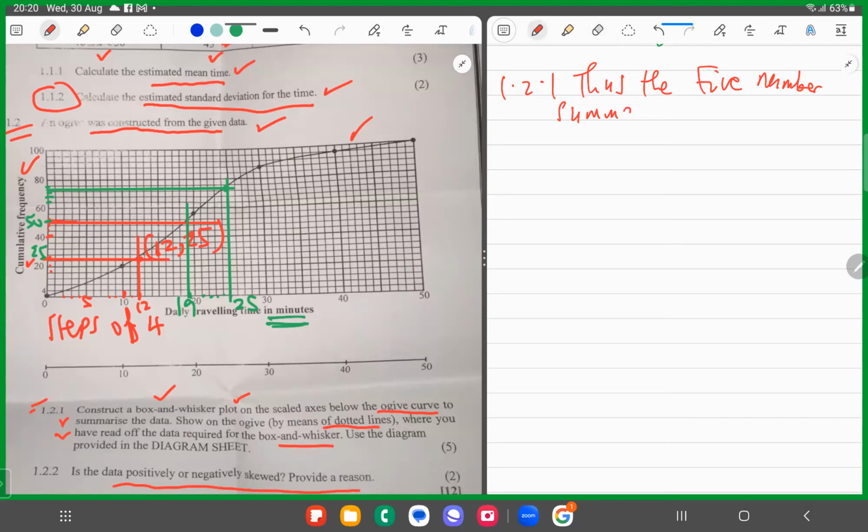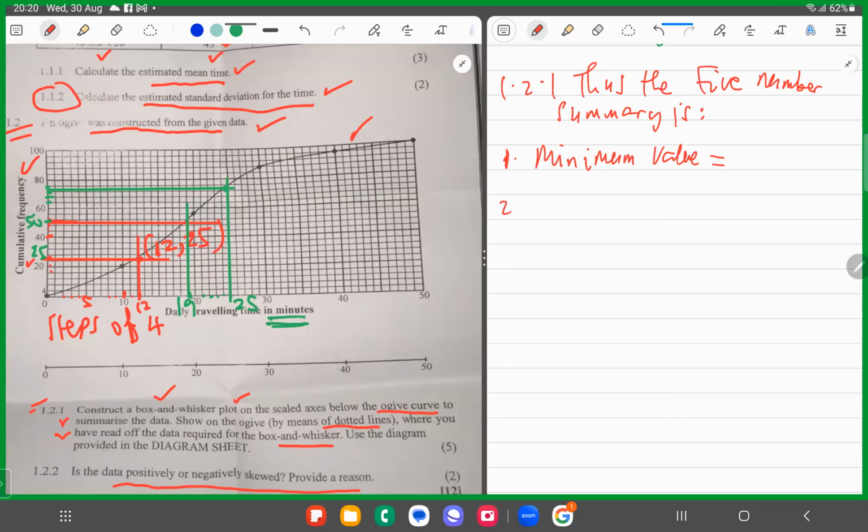Right, so what is the 5-number summary? You can just include some numbering here so that you can see you're dealing with 5 numbers. So 1, the minimum value equals what?